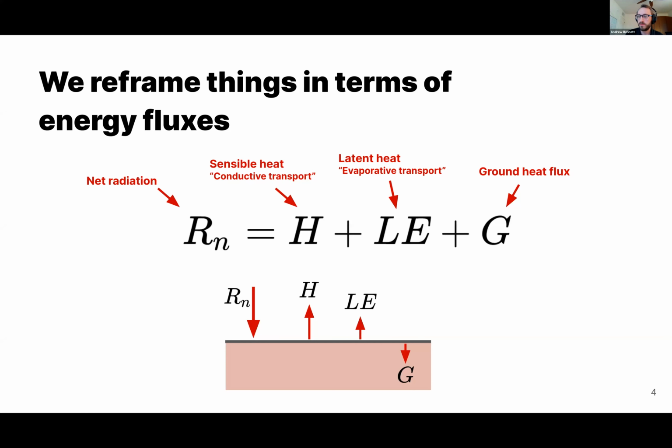And then there's a ground heat flux, which we are not representing with any machine learning, but rather that's going to be handled by the rest of the hydrologic model.